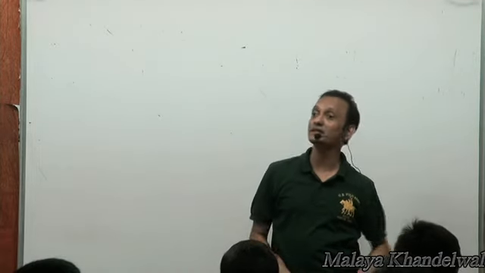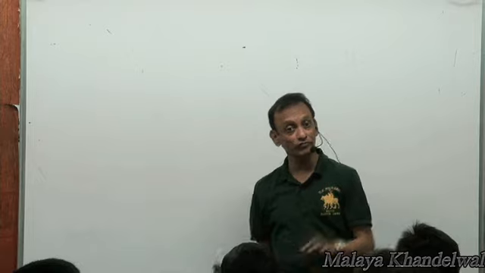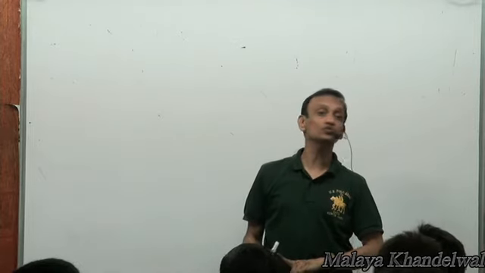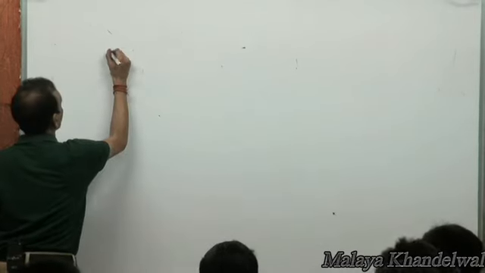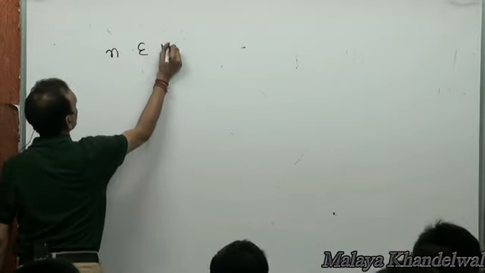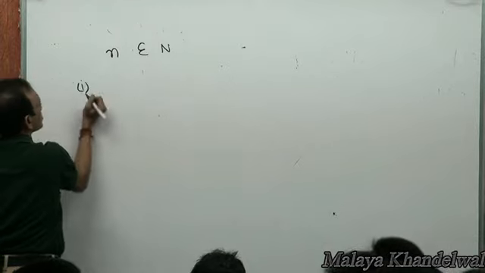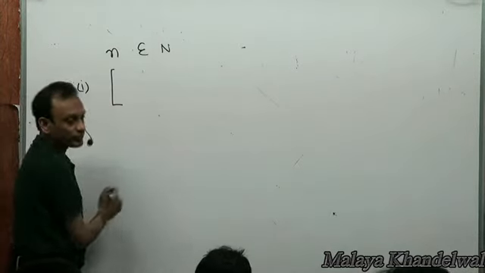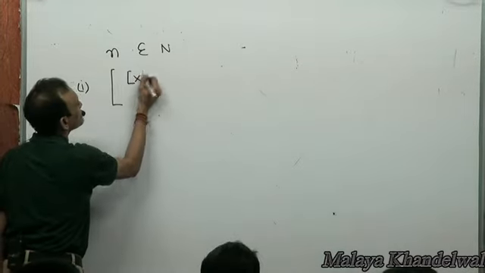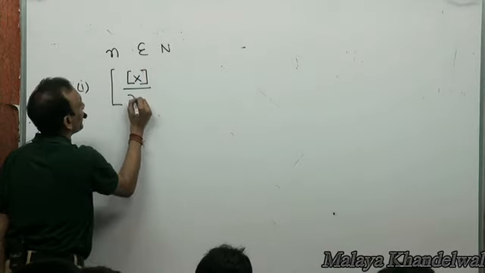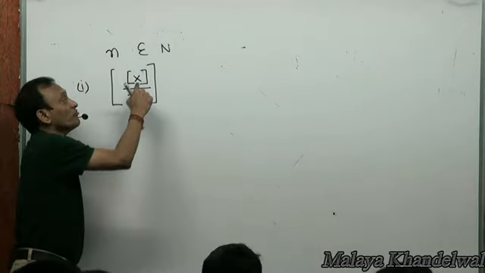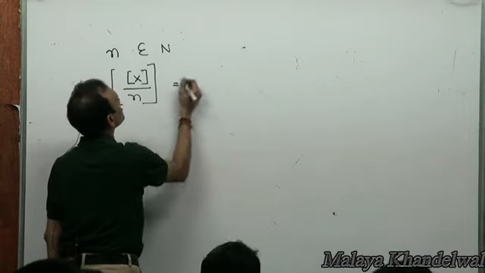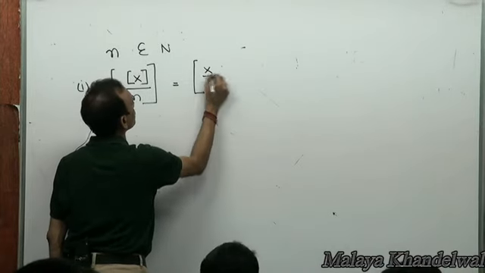I will come back to the proof at a later point of time, but we will use them time and again. One, if n is a natural number, box of box of x by n will be the same as box of x by n.